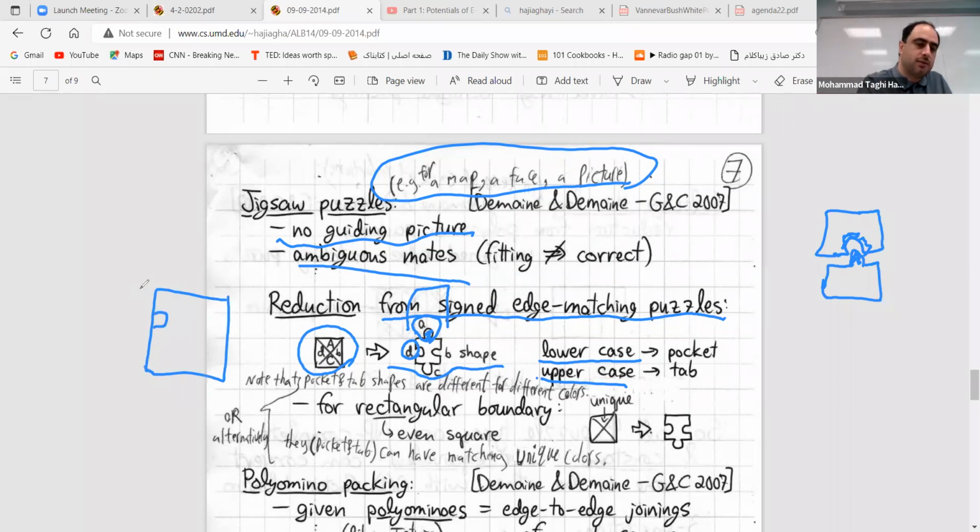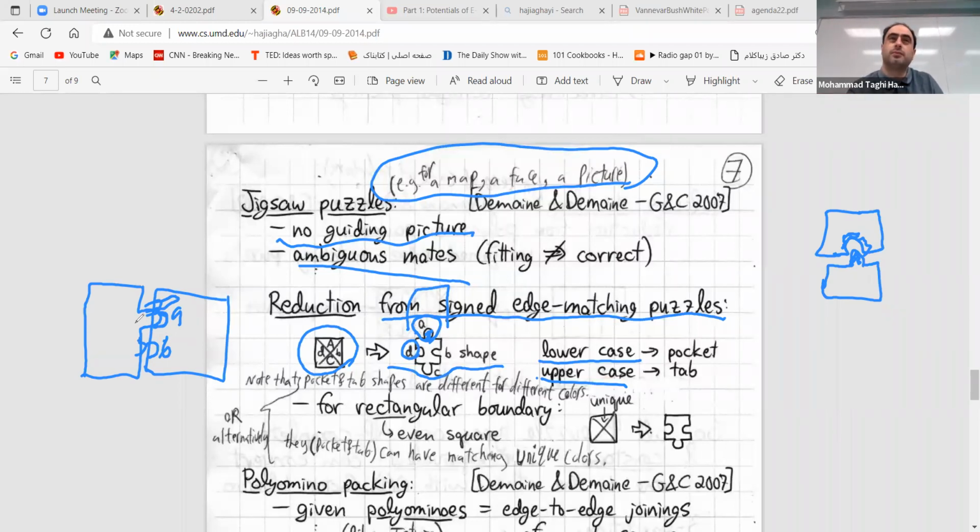Like this guy, for example. So this is for color A. This is for color B, which would be here. Or even the shape of them can be different. For example, this one can be like this, while the other one is just straight. Good. So the shape, yeah.